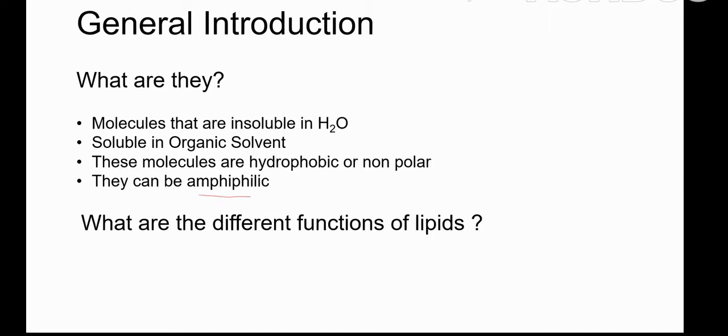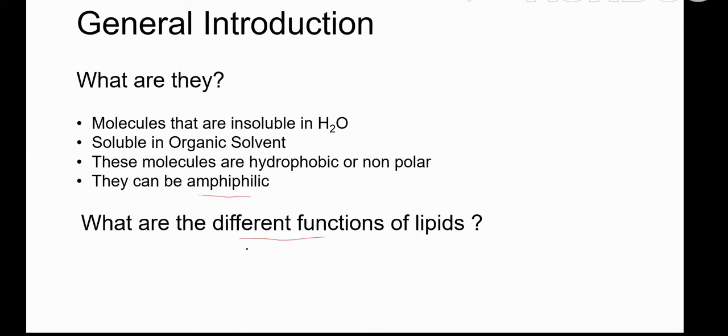Now, after this brief introduction, we will understand what the different functions of the lipids are. The functions of lipids vary widely.